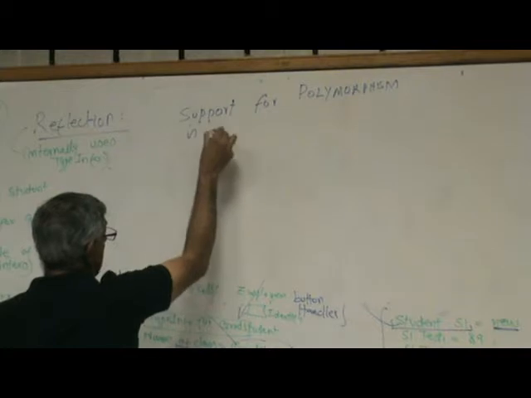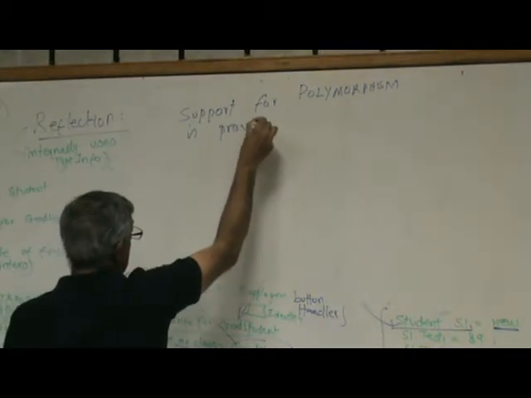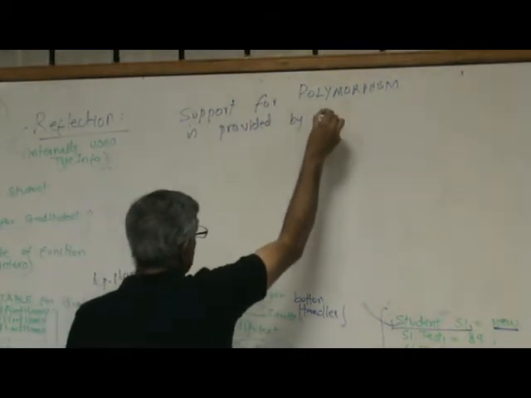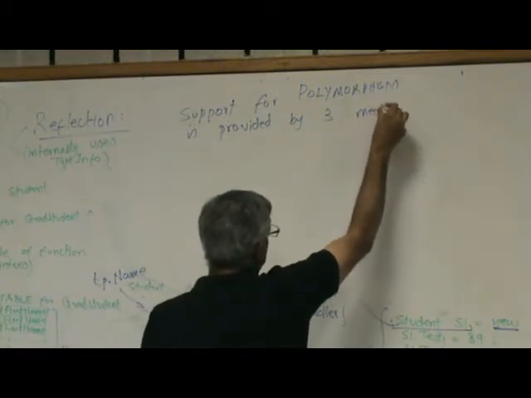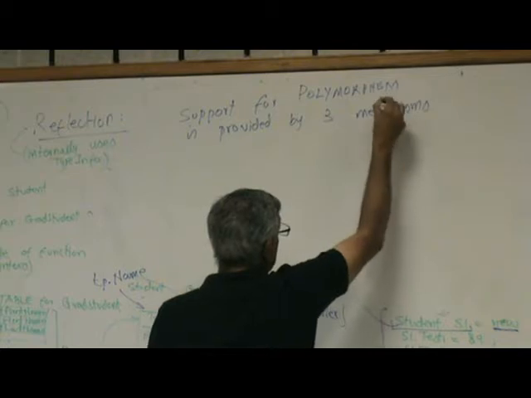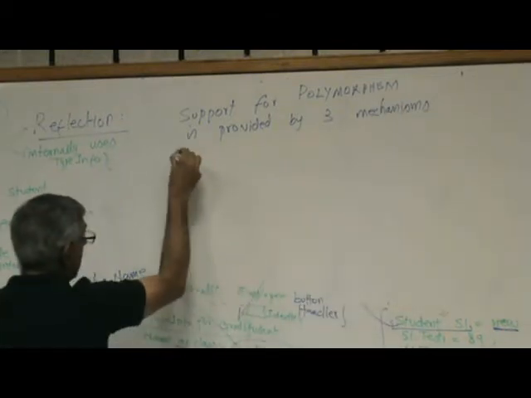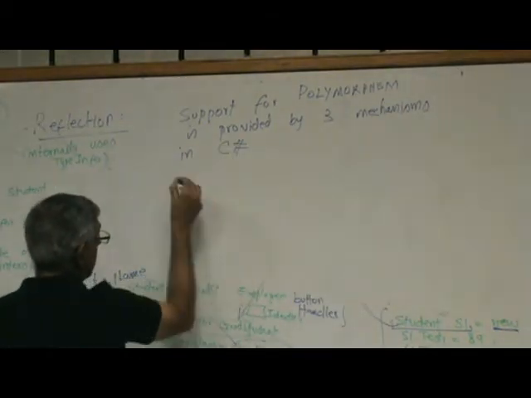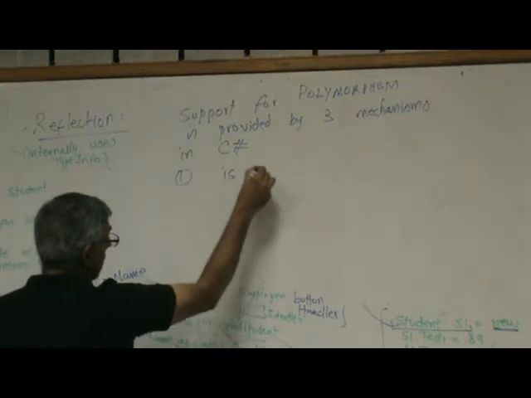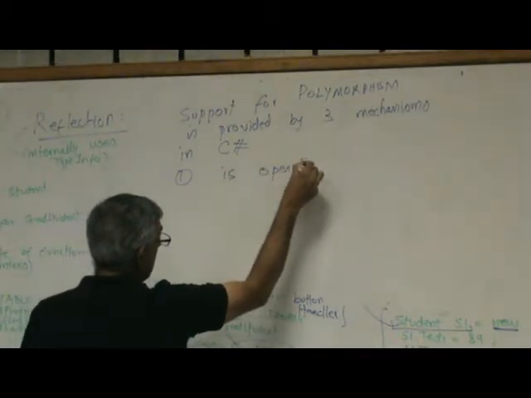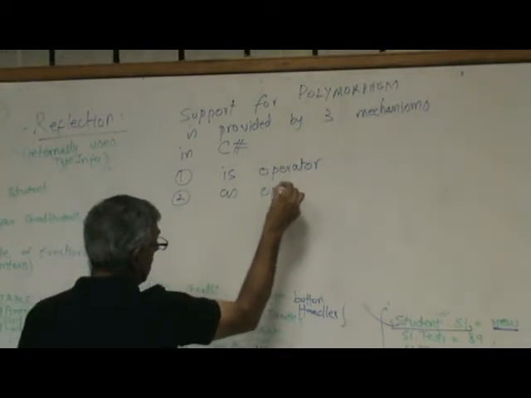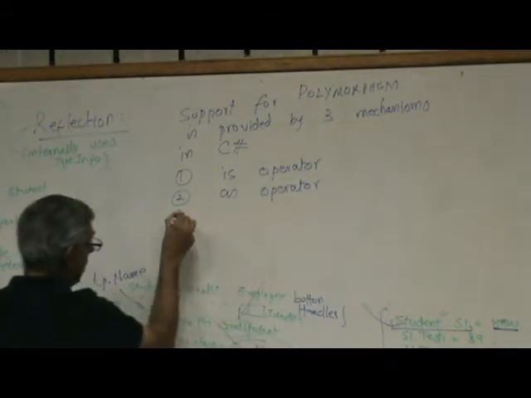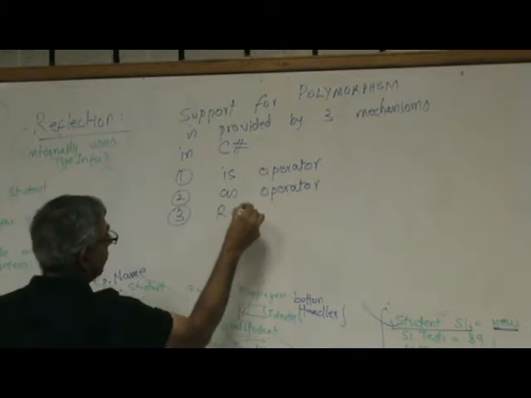It is provided by three mechanisms in C#. One is the is operator, two is the as operator, and third is reflection.